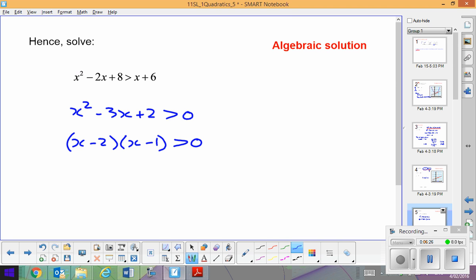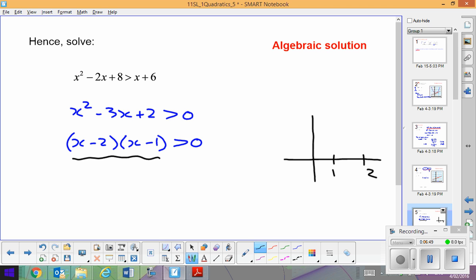Is greater than 0. So then you can't just solve that algebraically, you still need to go back to a graph. That's where I would think, what does this original quadratic look like? It's concave up. I've got intercepts at 1 and 2. I'll do a quick sketch.